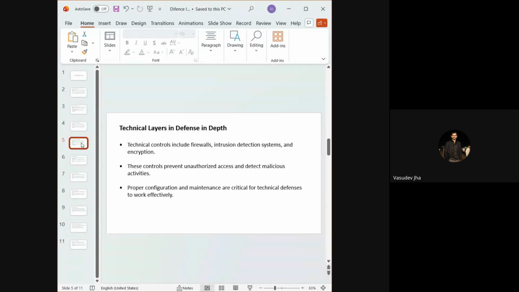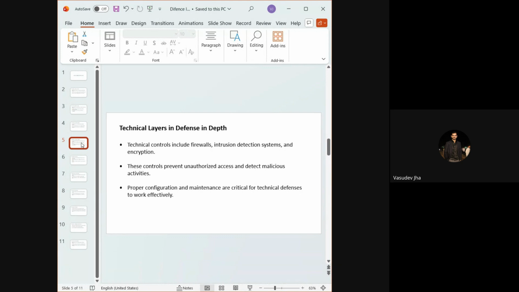Now, what are we basically doing in the technical layer? We are trying to prevent unauthorized access, and we want to detect malicious activity. Here we are protecting against the digital attack vector.